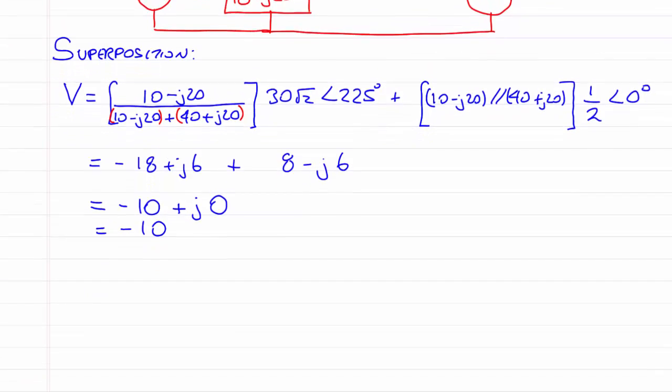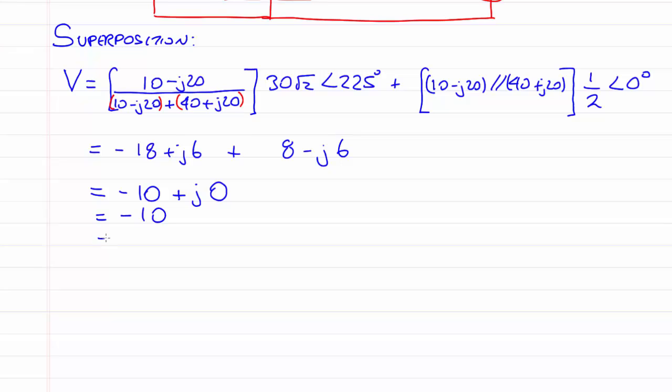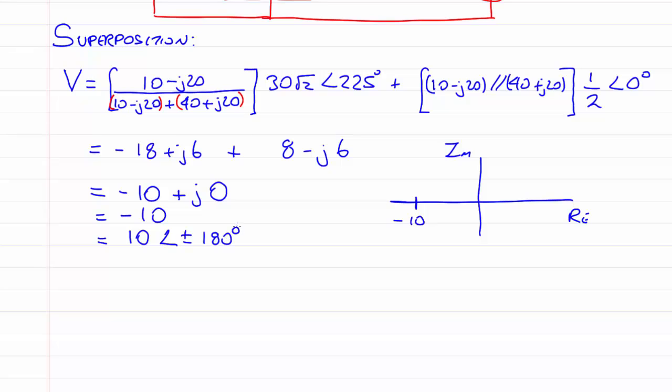To determine what that is in the time domain, it makes sense to express it in polar form. If we plot minus 10 on the real and imaginary axis, it is over here at minus 10. You can see that's going to be 10 at angle plus or minus 180 degrees.